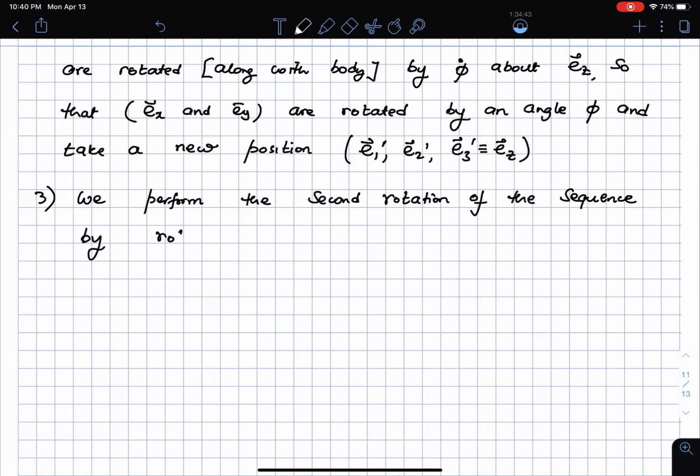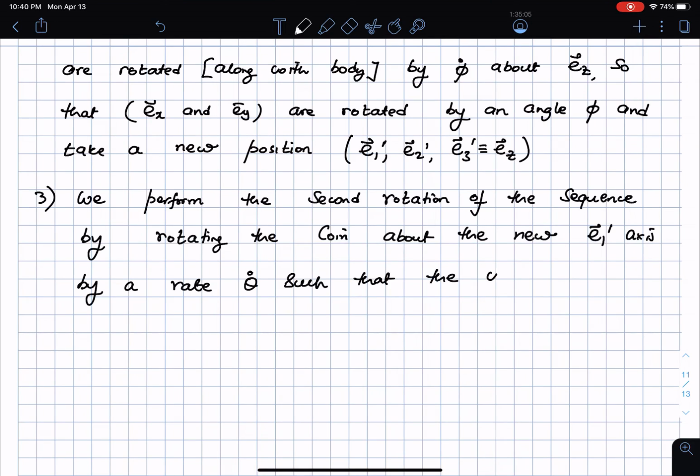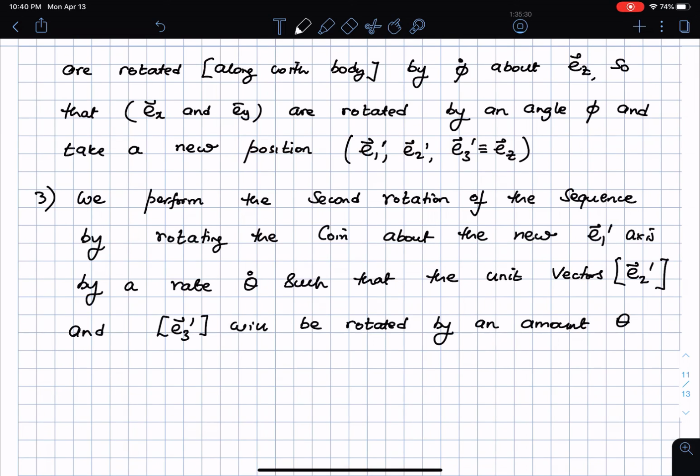By rotating the coin about the new E1 prime axis by a rate theta dot, such that the unit vectors E2 prime and E3 prime will be rotated by an amount theta, with the rotation performed about the new E1 prime axis.